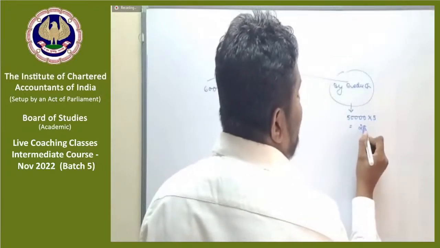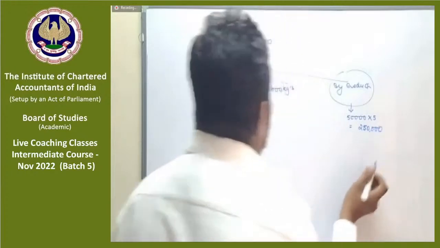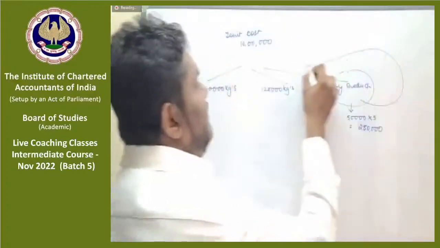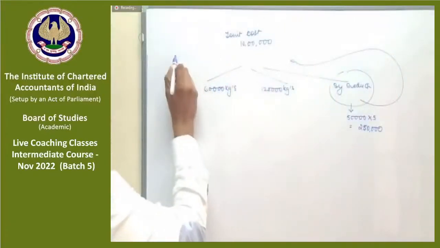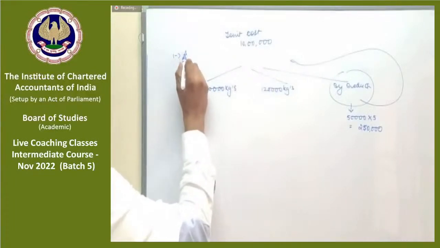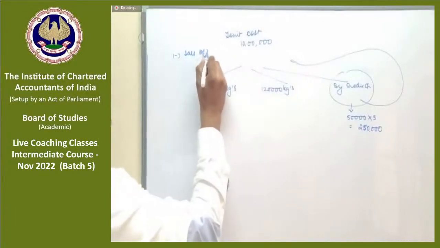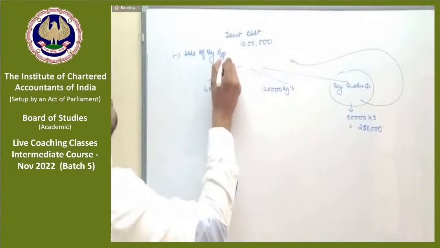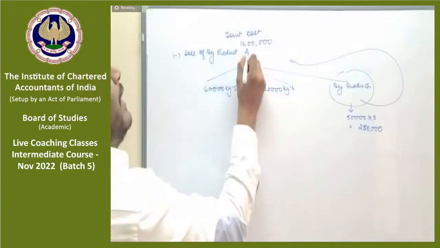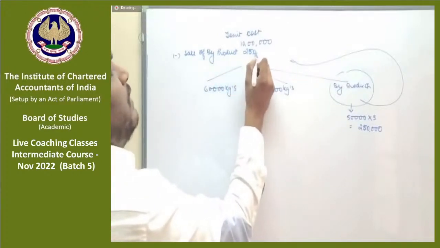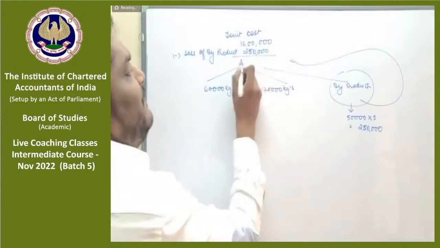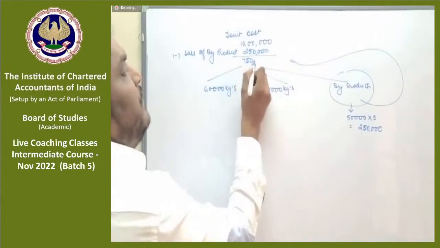So 2,50,000 is realized on sale of byproduct, and that will be deducted from the joint cost. So we are left with a joint cost of 7,50,000 only.